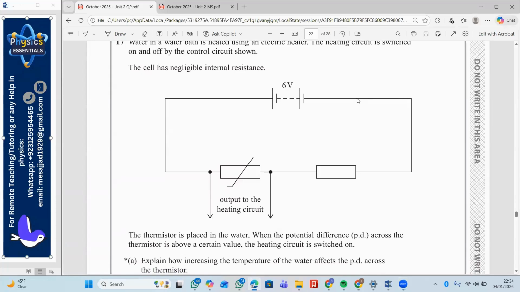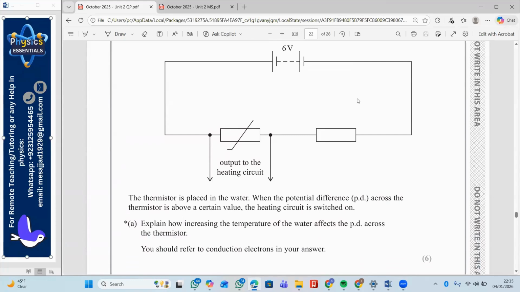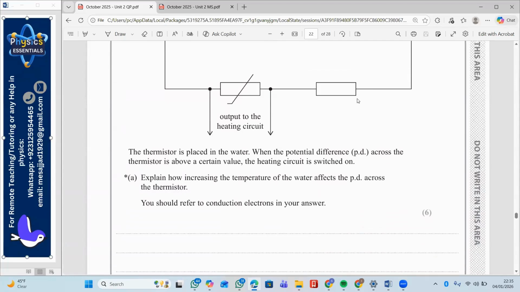The cell has negligible internal resistance. The thermistor is placed in the water. When the potential difference across the thermistor is above a certain value, the heating circuit is switched on. Explain how increasing the temperature of the water affects the potential difference across the thermistor. You should refer to conduction electrons in your answer.